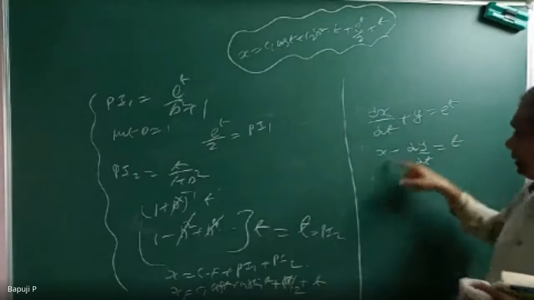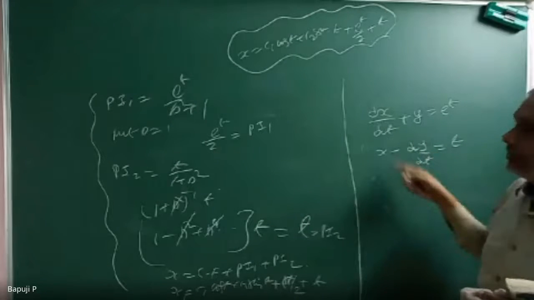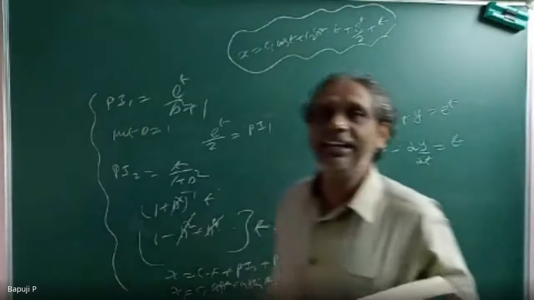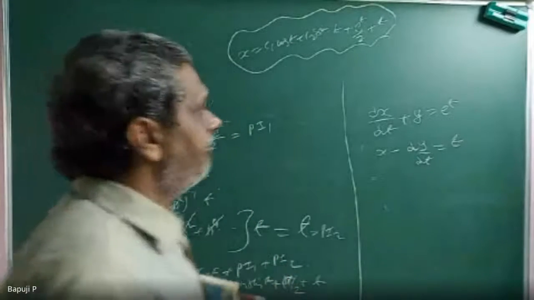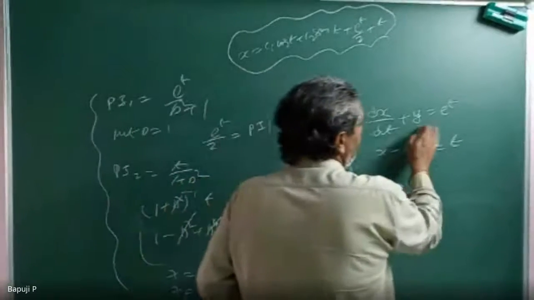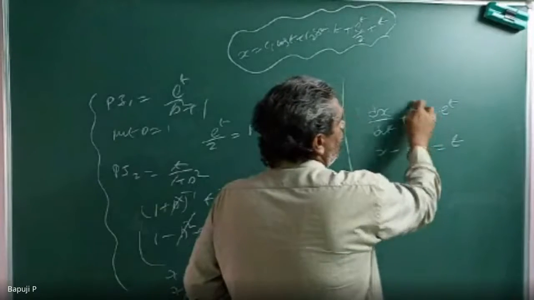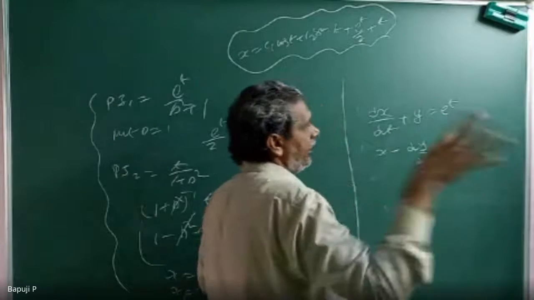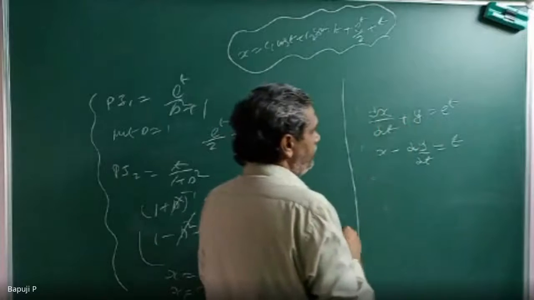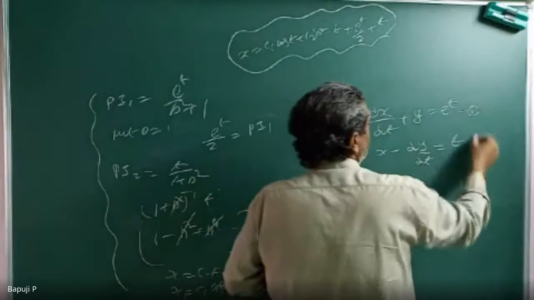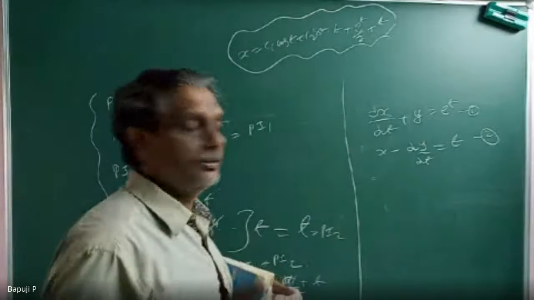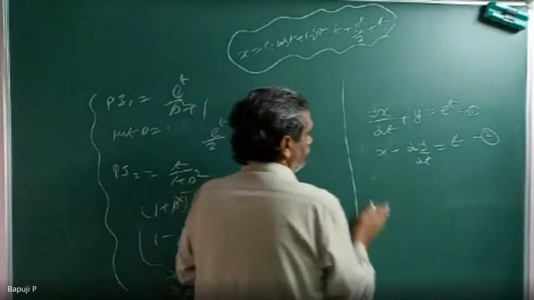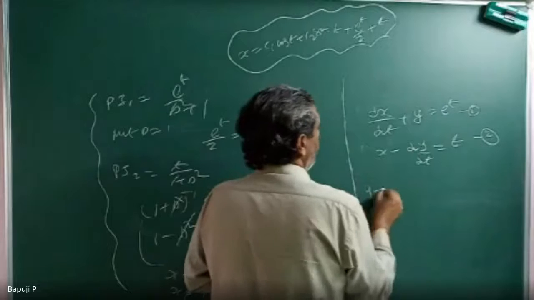So from this I will prepare: y is equal to e^t minus dx by dt. But who is my x? Already available in my hand.